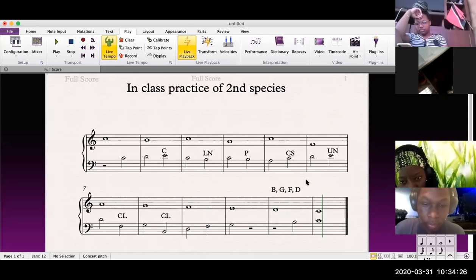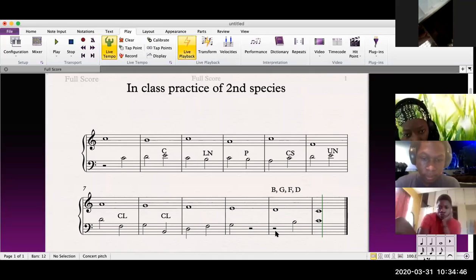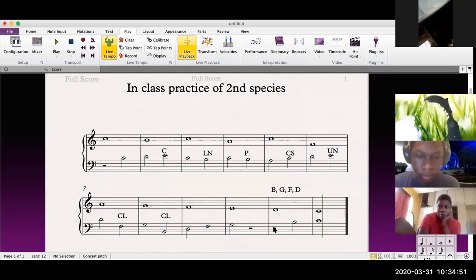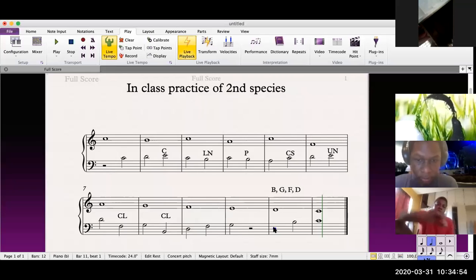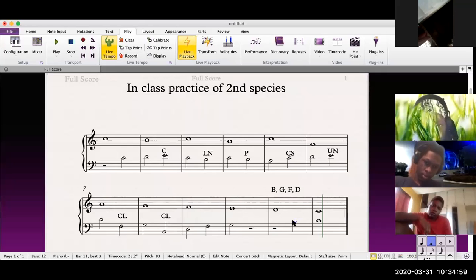Okay, so which one of those are you going to pick? See if we can get some dissonance in the next bar. In the previous bar would be good. So I can move the B and just make it semi-brief.